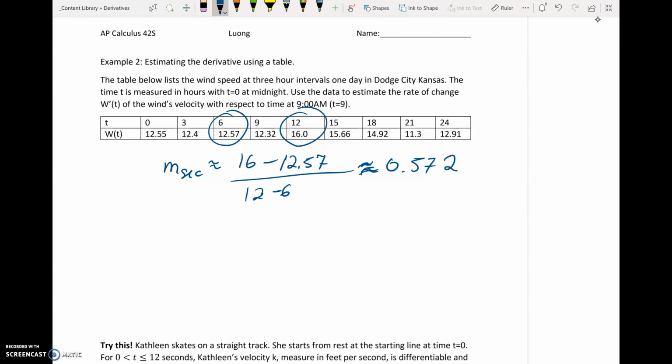So if we look at the context again of what we're actually solving for, the time t is measured in hours with t equals 0 at midnight. And the other ones are wind speeds, so w prime of t is the wind's velocity with respect to time. So this is what we found, the rate of change in the wind's velocity with respect to time.